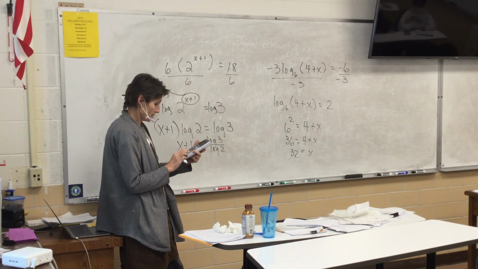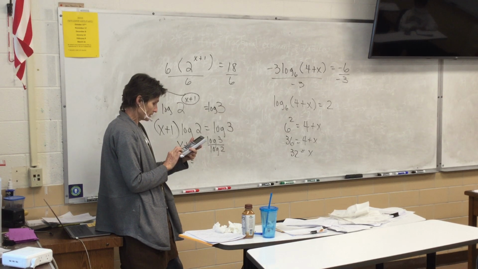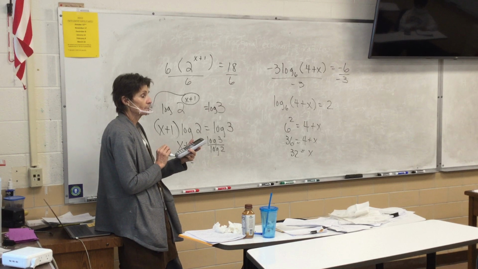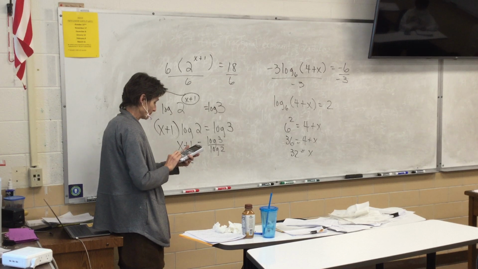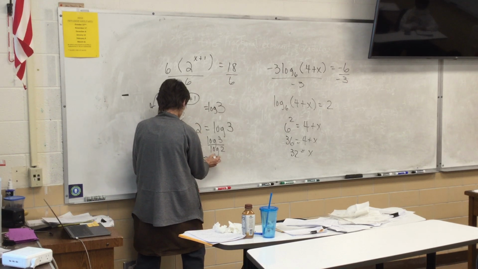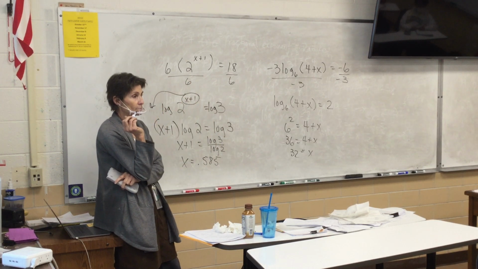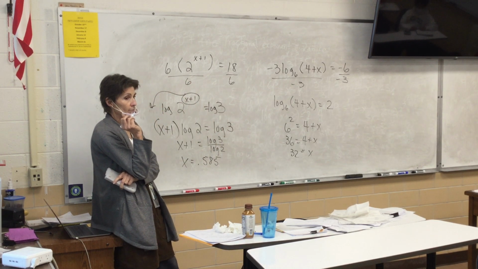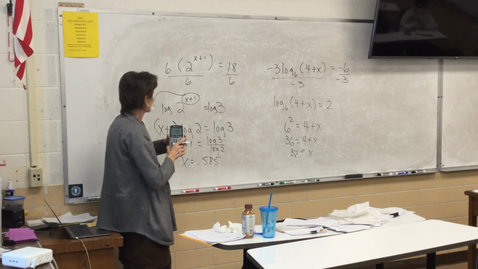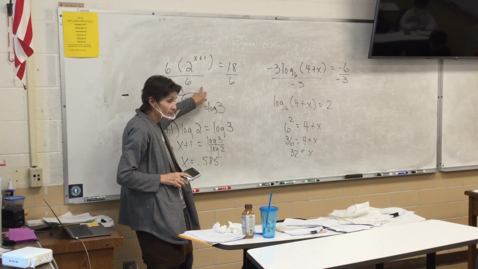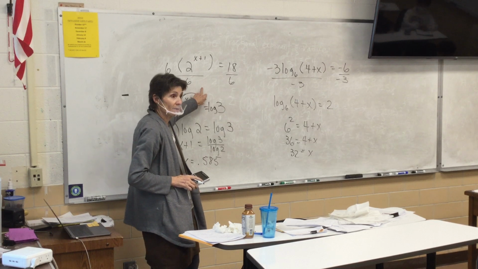So log 3, close parentheses, divided by log 2, and then subtract 1. I got 0.585 basically. See the difference, kids, between the problems I can do without a calculator and the problems I need a calculator for? It's all about a common base.